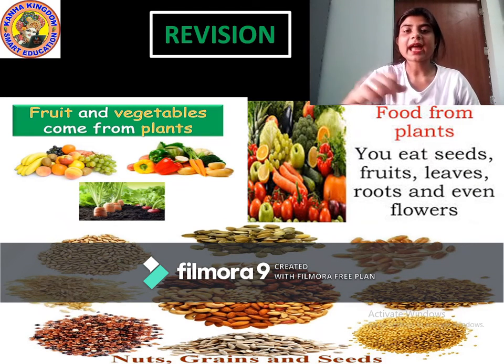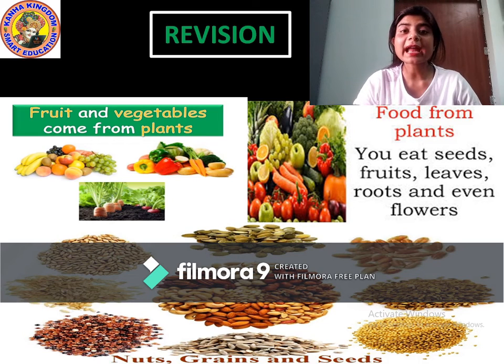Okay. Then we also get cereals and pulses from plants. Now what are cereals? Plants which produce grains that we can eat as food are called cereals.